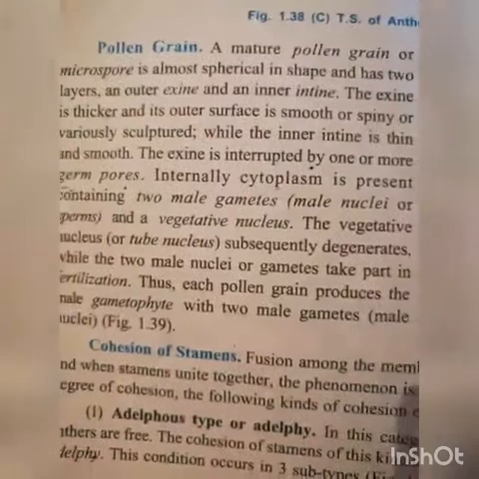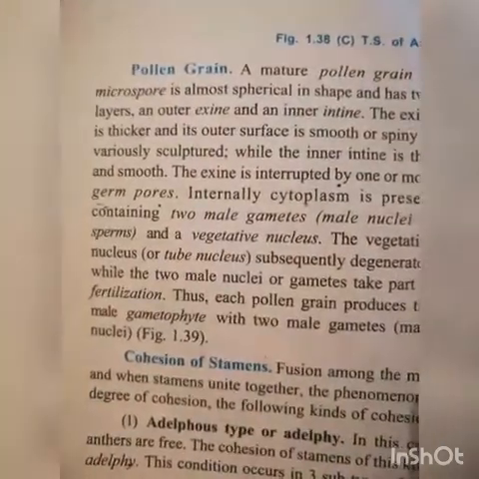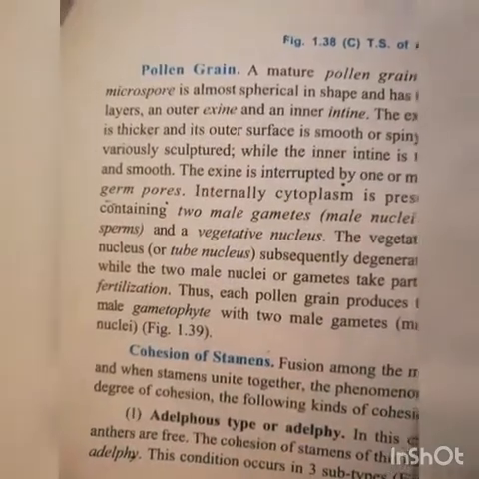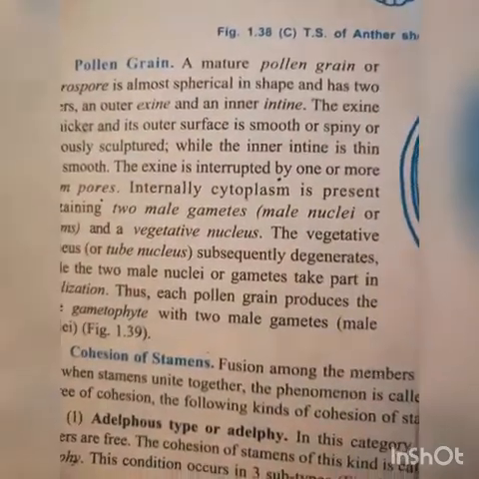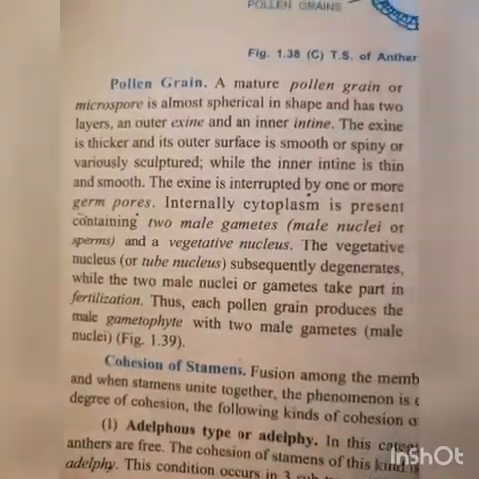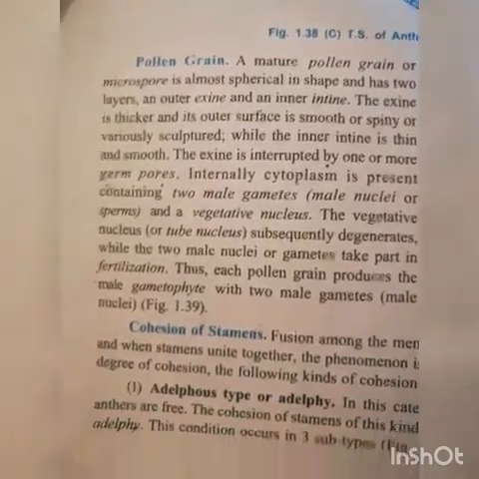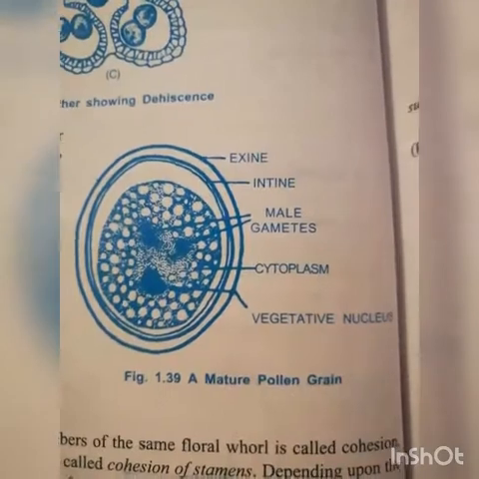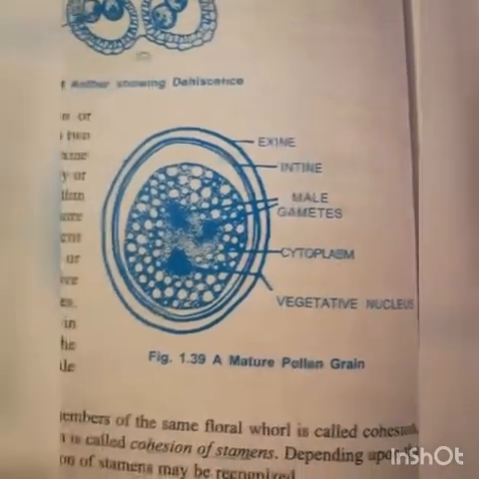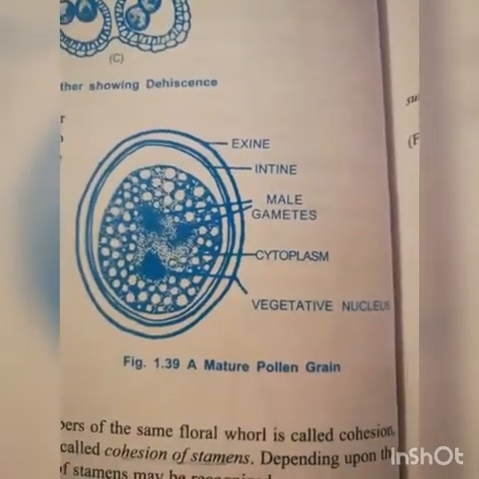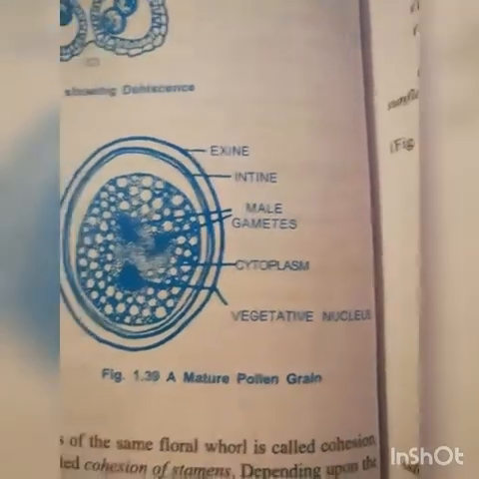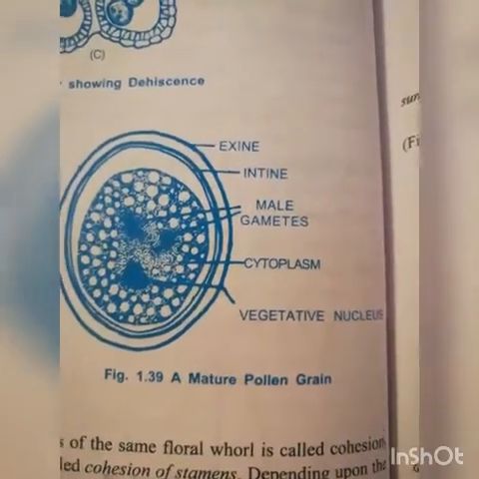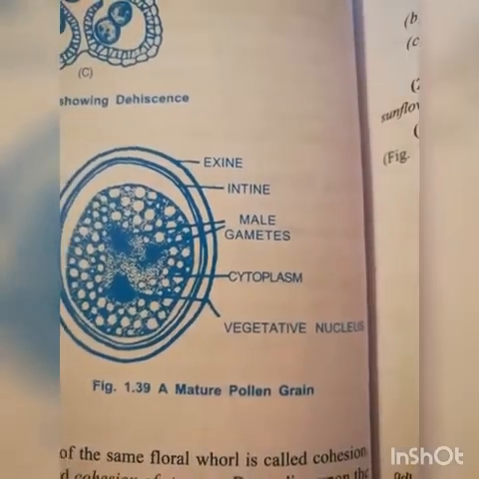Thus, each pollen grain produces the male gametophyte with two male gametes or male nuclei. This is the structure of a mature pollen grain: exine, intine, male gamete, cytoplasm.